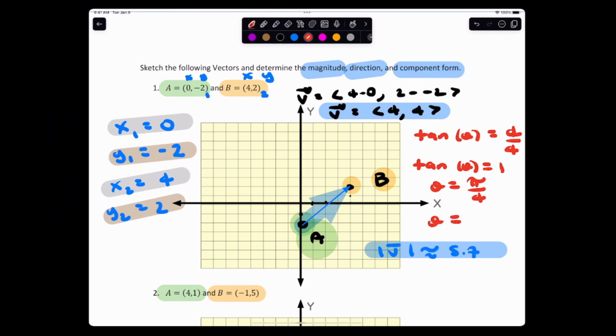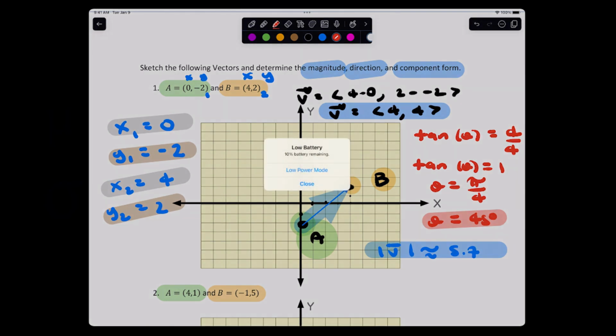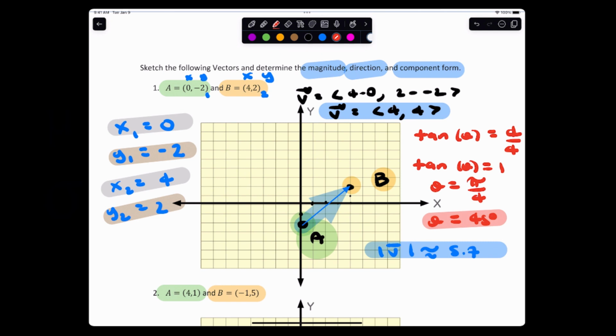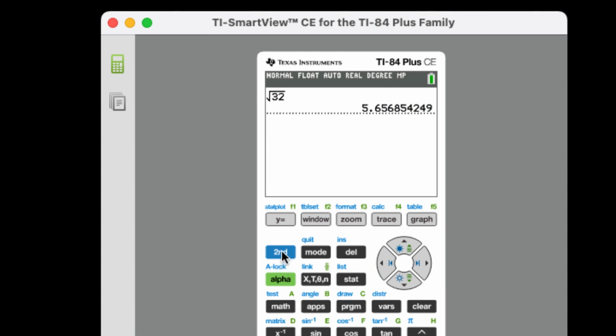So theta is going to be 45 degrees, ladies and gentlemen. All right. Okay, so if you forget, tangent theta, inverse tangent. So we're going to use the inverse tangent of 4 divided by 4, right? There's your 45 degrees in case you forgot there.